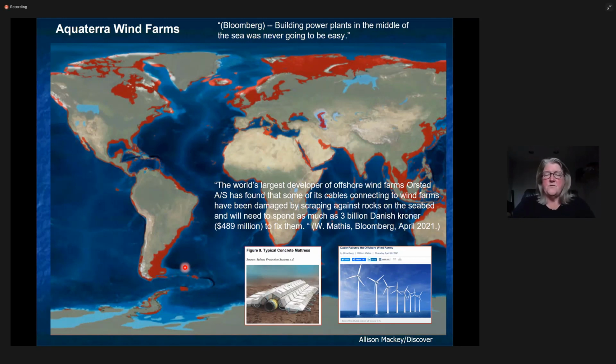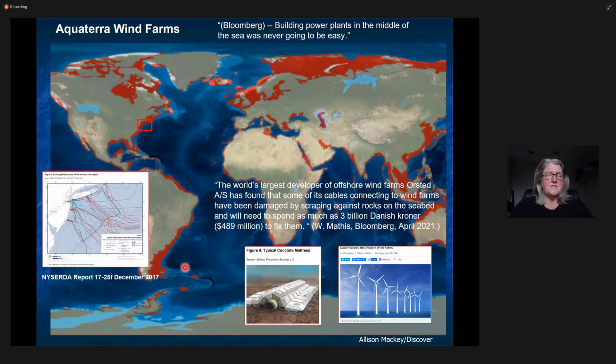Just 3 days ago, an article was published in Rig Zone, from Bloomberg, talking about nearly $500 million that Ørsted AS is going to have to pay to fix damage that's been caused on the cables offshore in their wind farms by scraping against rocks and currents that are moving the cables around. We know this. We know that there are strong currents moving in the offshore because this is what we do as geomorphologists and as geologists, right?